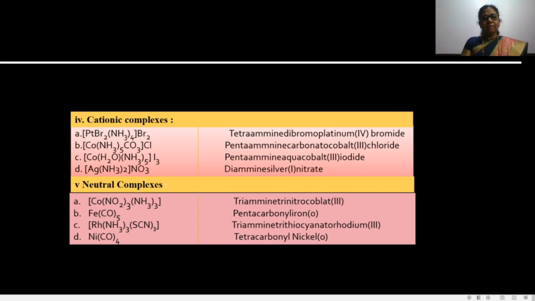In this way, in the IUPAC nomenclature of coordination compounds, first write the name of the ligands, then the name of the metal, and then write the oxidation number in Roman numerals in brackets. In this way, we try to understand and remember all these groups. Okay, thank you.